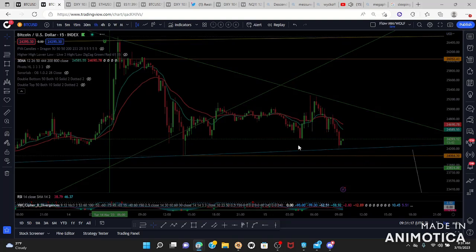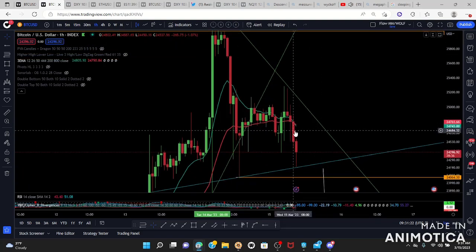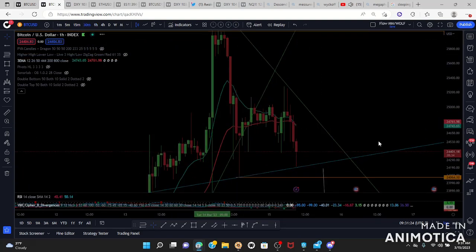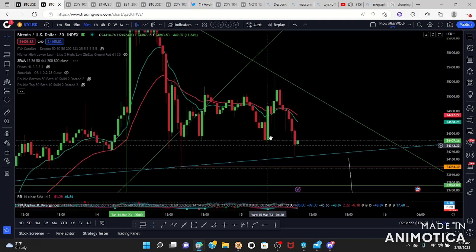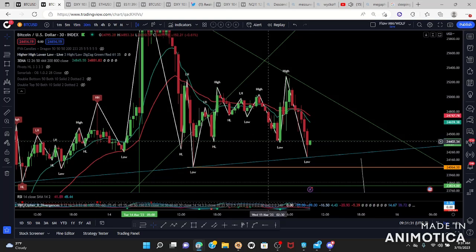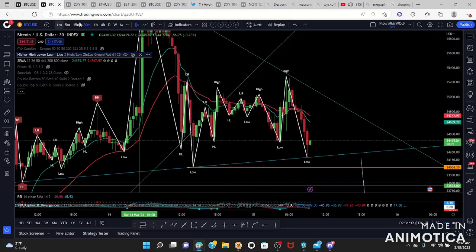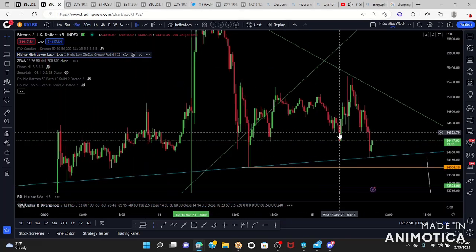Oh, it's supposed to be in the 1 hour, sorry. So there you go. The 1 hour's just officially crossed. So that's bearish. 30 minutes officially crossed, bearish. So turning on my pivot, my higher high, lower low indicator, really great indicator to use when you scalp. I'm going to set my range, right?